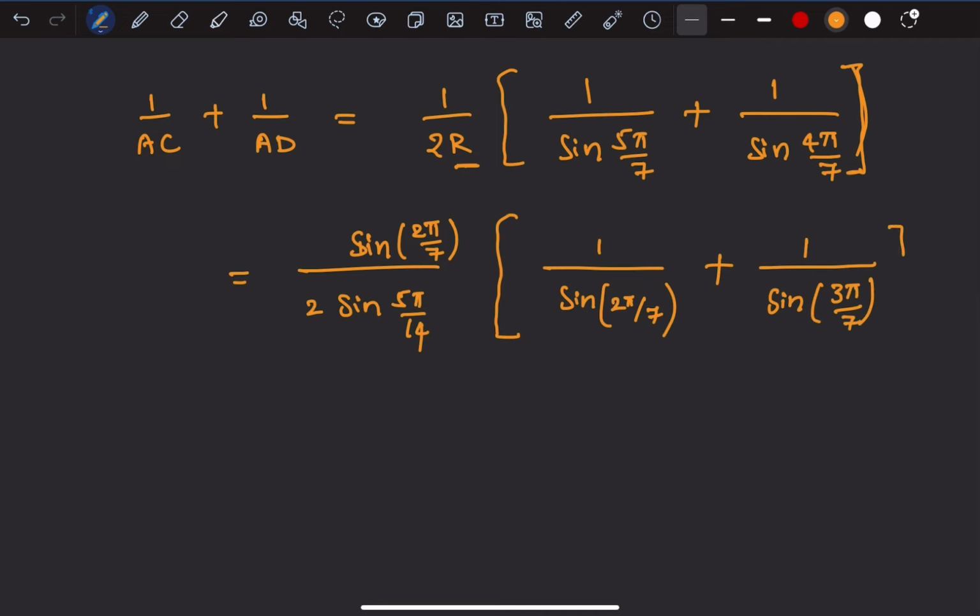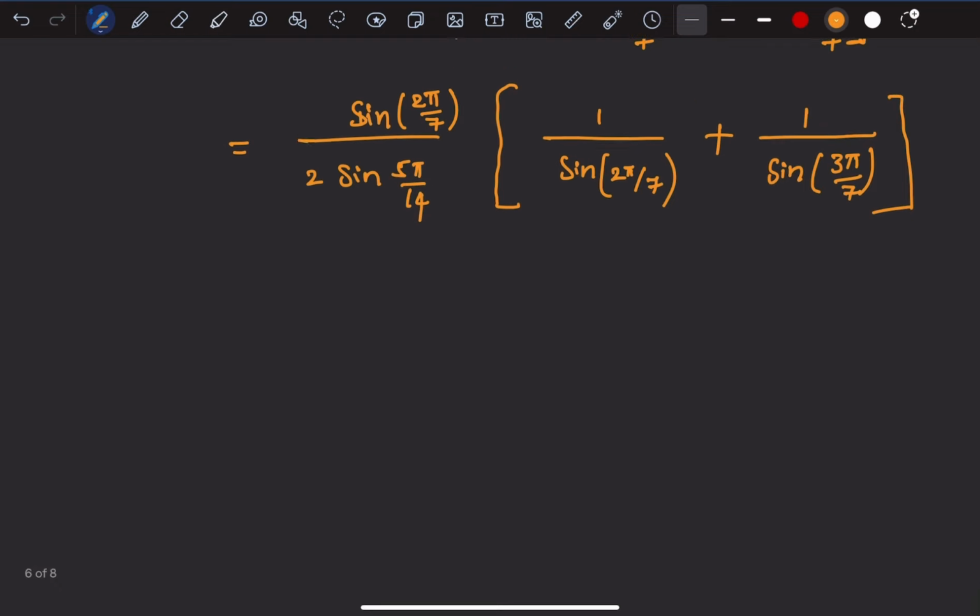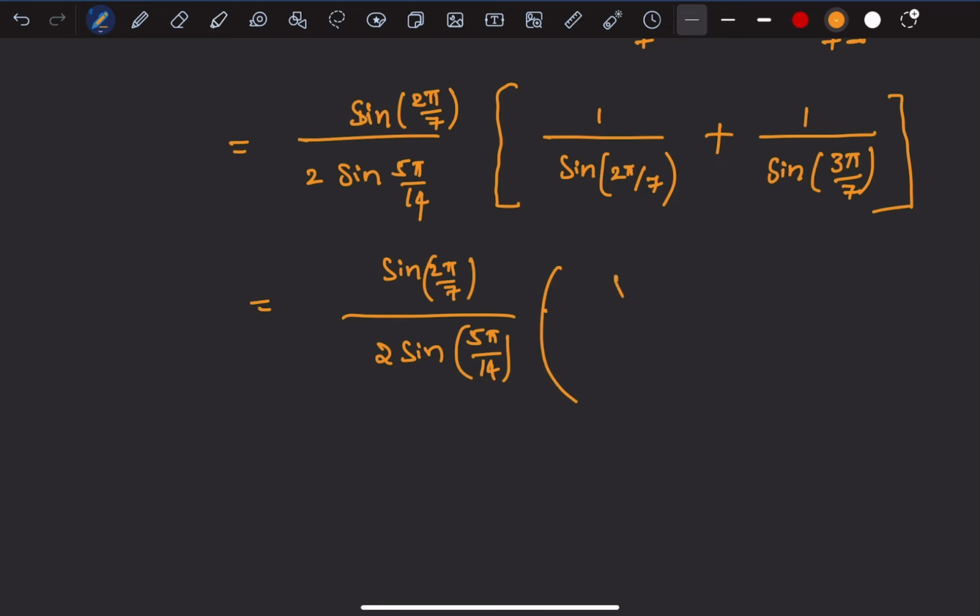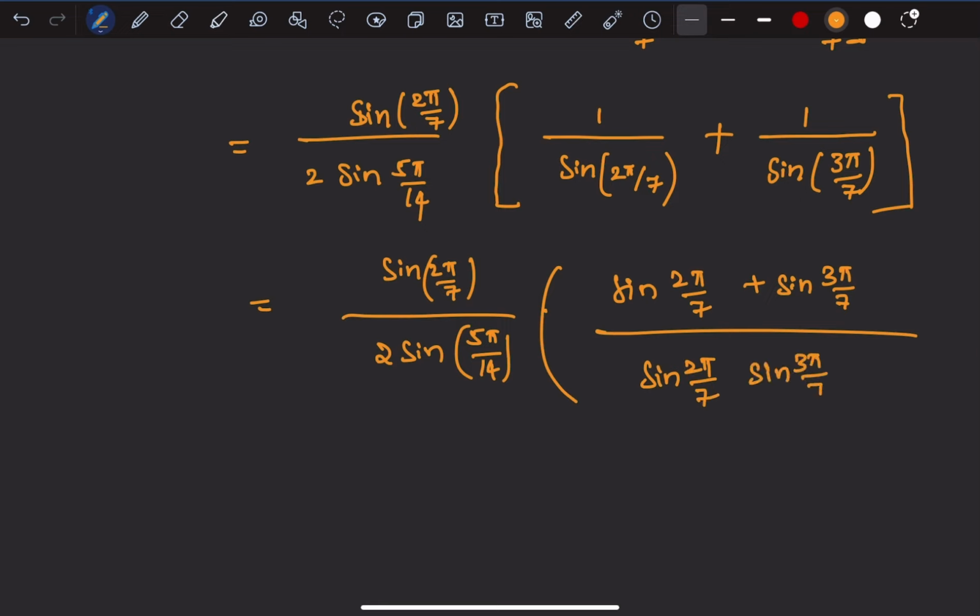Now if you take the LCM and add them up, you get sine 2 pi by 7 by 2 sin 5 pi by 14 multiplied by sine 2 pi by 7, plus sine 3 pi by 7, divided by sine 2 pi by 7 multiplied by sine 3 pi by 7.